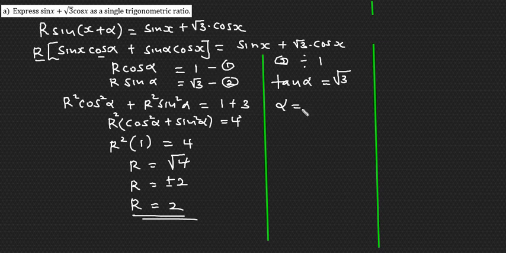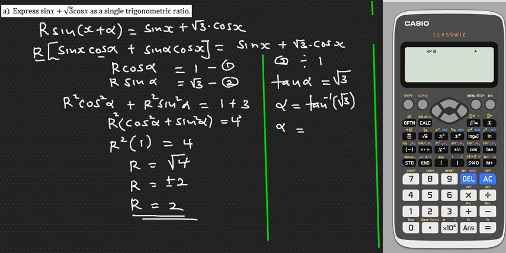So alpha is going to be equal to the tan inverse of root 3. Let us find the tan inverse of root 3, and we get 60.